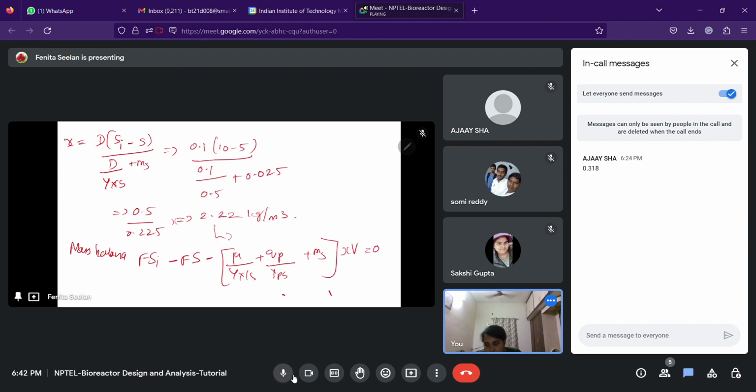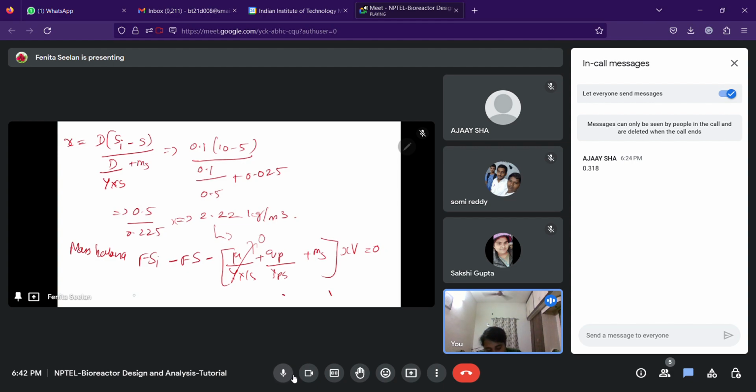So, which terms will become 0 here? It is the steady state, and the limiting substrate is glucose, right? This term will go.